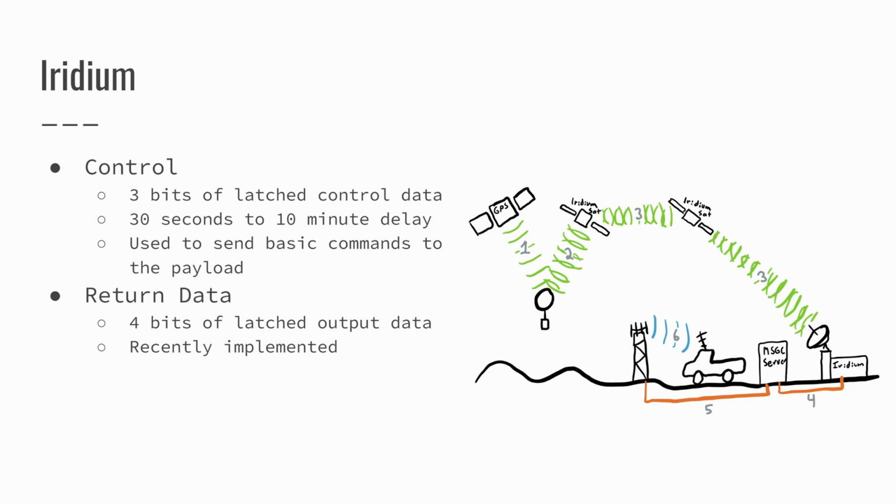And then there's a 30-second to 10-minute delay from when we send the command, send the state of these 3 bits, and it actually gets received, because it has to go through quite the system, which we'll see in a minute. And then we have 4 bits of return data that comes back at that same rate as well. So we can send basic commands using the Iridium.